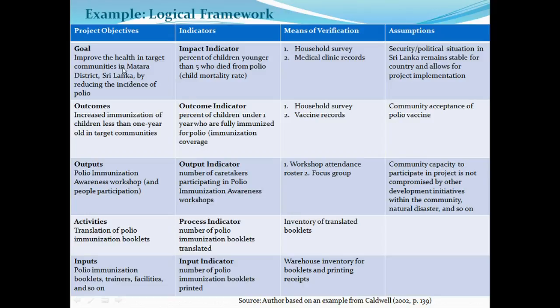And similarly, the impact, which is a more long-term goal: improve the health in target communities in Matara district, for example, this is an area in Sri Lanka, by reducing the incidence of polio. And this is the indicator, and how can you verify it? And the assumption: security and political situation remain stable for the country and allow for project implementation. These are the assumptions that are being made.